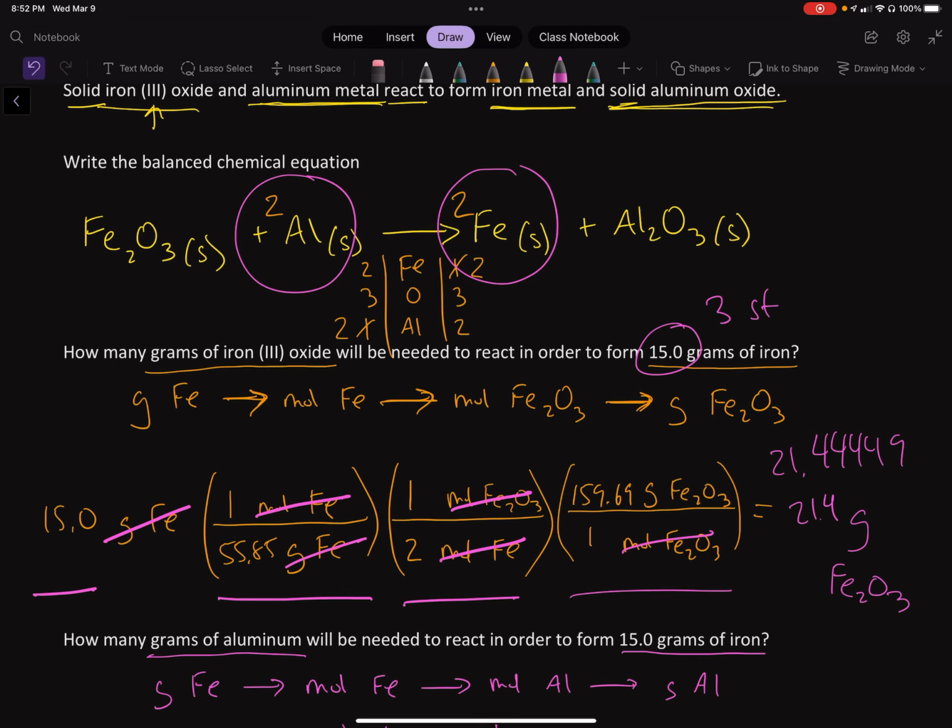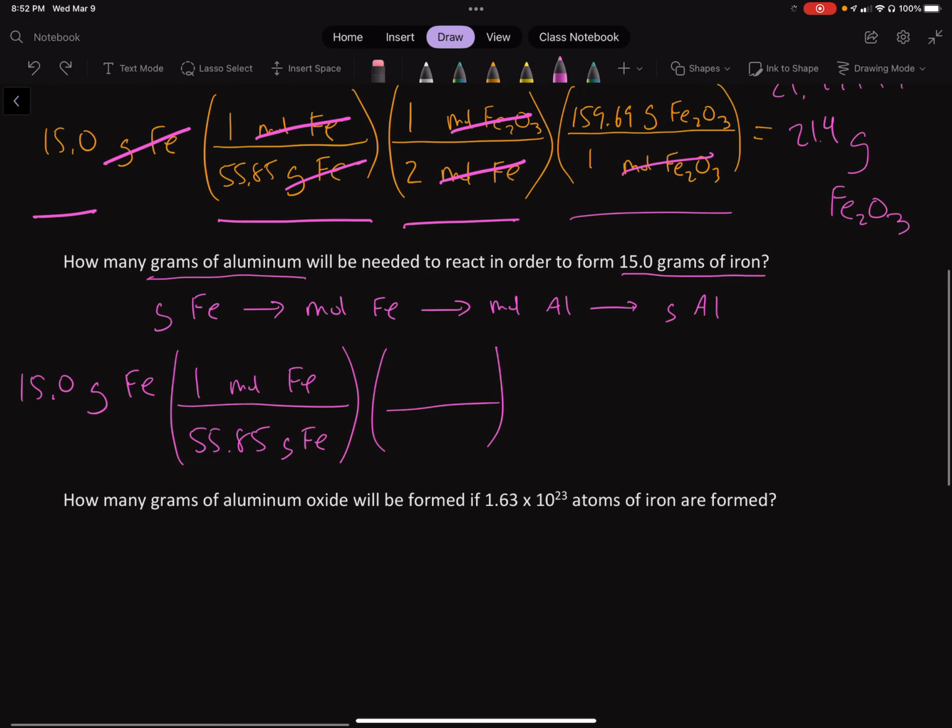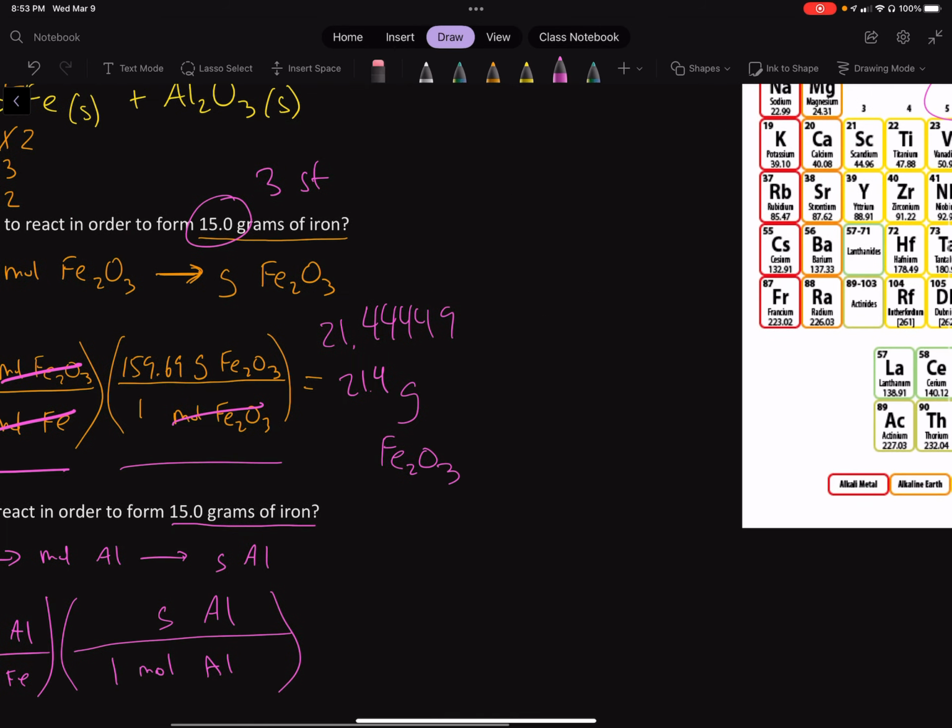They both have a 2 in front, so this will be for every 2 moles of iron that are formed, 2 moles of aluminum are required. And then the last conversion, to go from moles of aluminum to grams of aluminum, we need the molar mass. So on the bottom, we'll have 1 mole of aluminum, and then grams of aluminum goes up top, but we need to look at the periodic table.